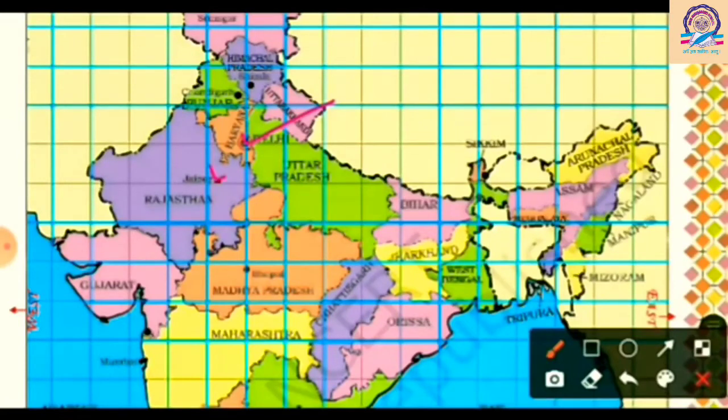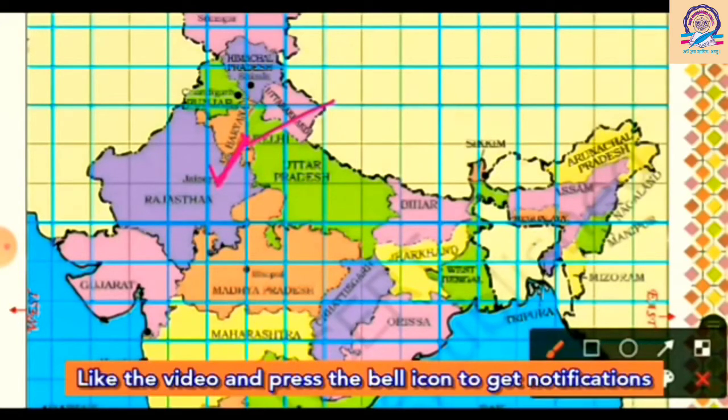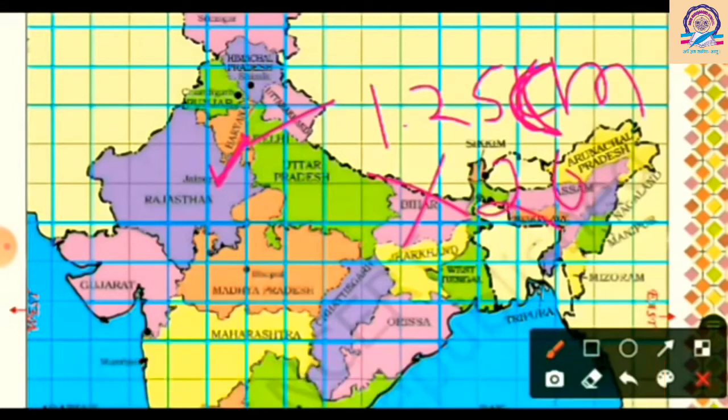Delhi and Jaipur. Now you have to measure the distance between them using the scale, and I have measured that distance. This distance is around only 1.25 centimeter. So to calculate in kilometer, we have to multiply it by 200.